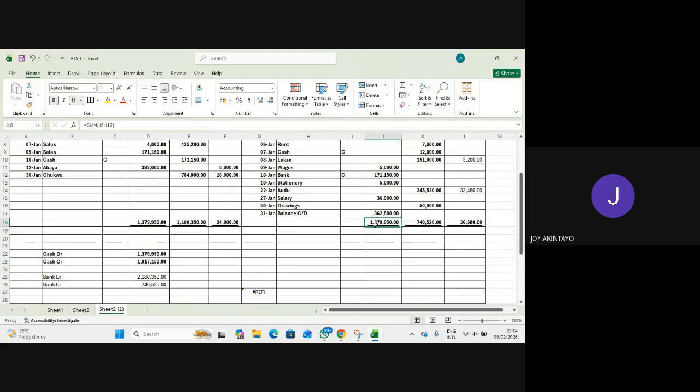So we do the same thing for the bank. Type 2,180,350 minus 740,520. What is your answer? 1,439,830.